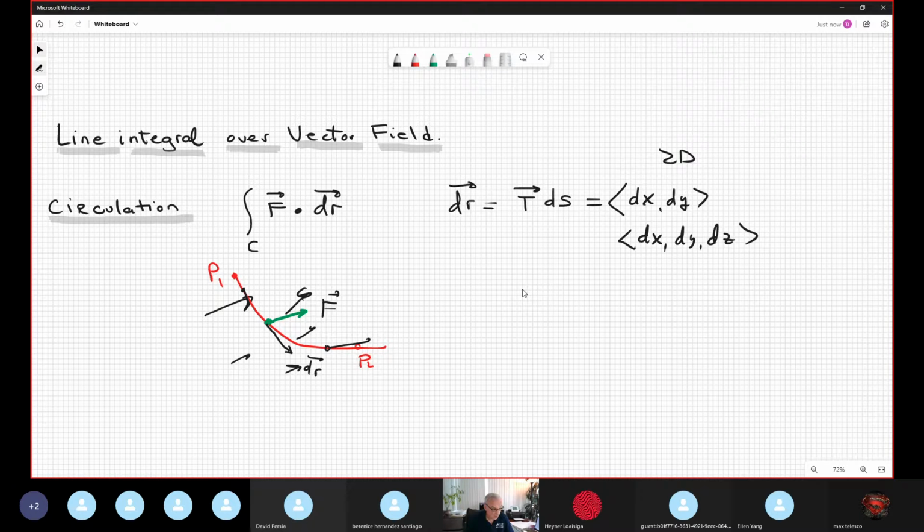So, okay, I understand mathematically, but what is the physical meaning of this? The physical meaning is work, under the supposition that the vector field is a force. Suppose we have a vector field. A vector field is, in general, mathematical.